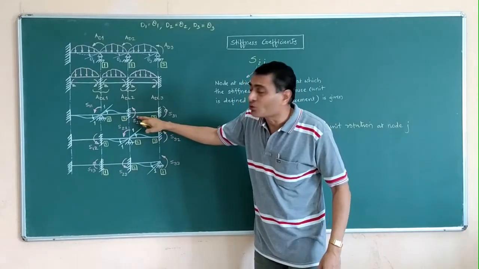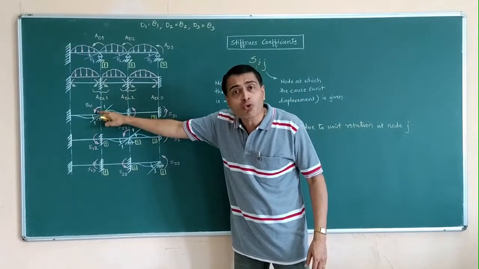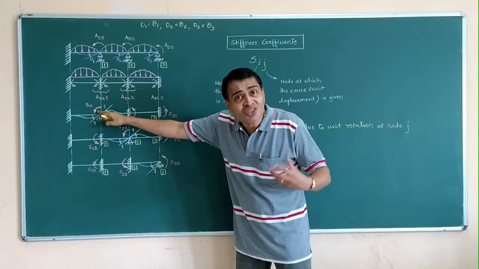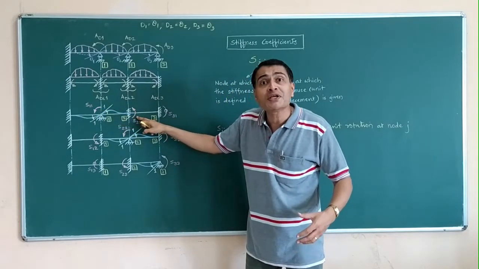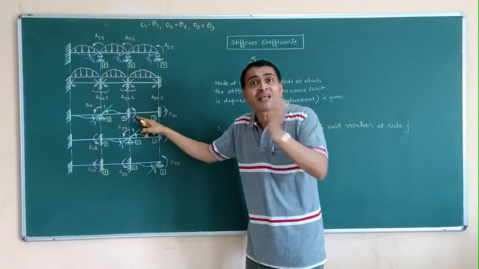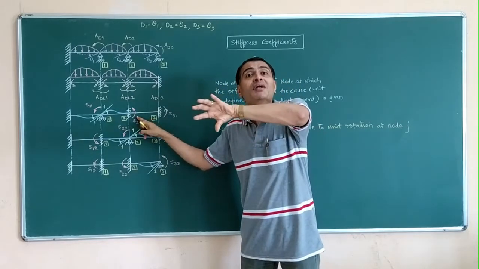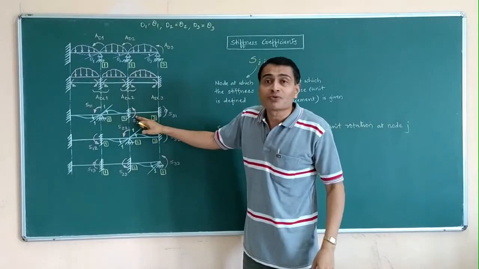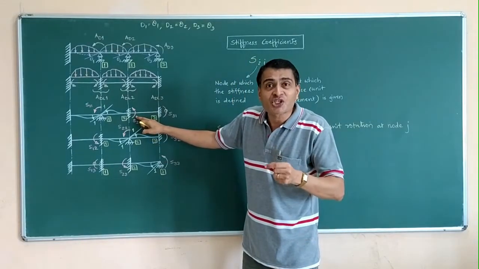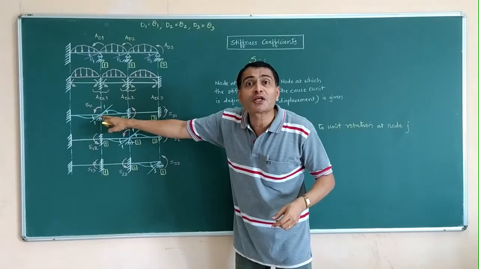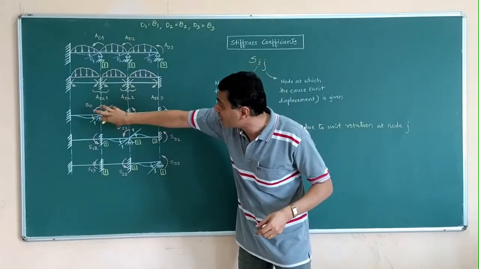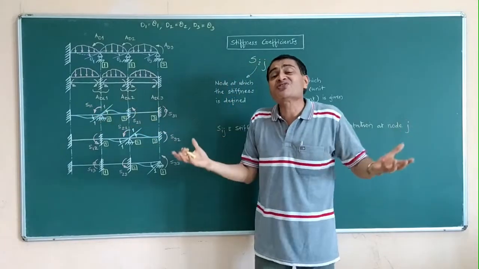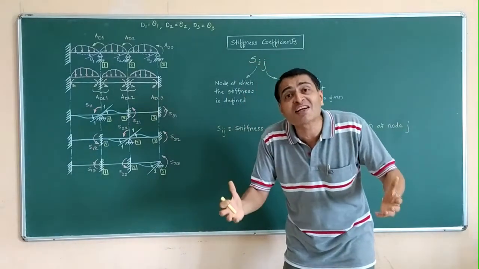Look at this action. We are aware that when this is 4EI upon L stiffness, this is 2EI upon L. The carried over moment, or the reactory moment generated at the other end, is half. This stiffness, because it is the action corresponding to this particular unit rotation, because you have given this unit rotation, this has invariably been generated.